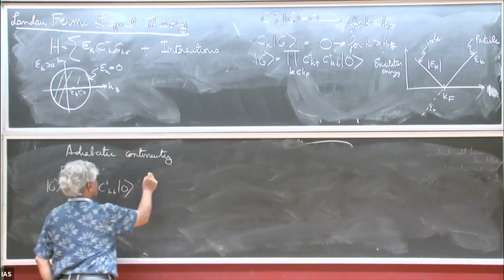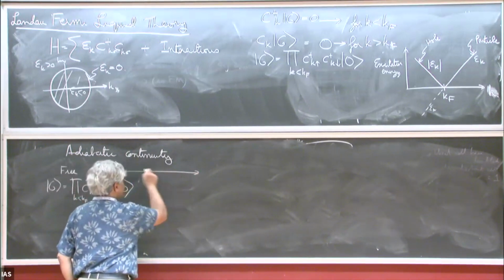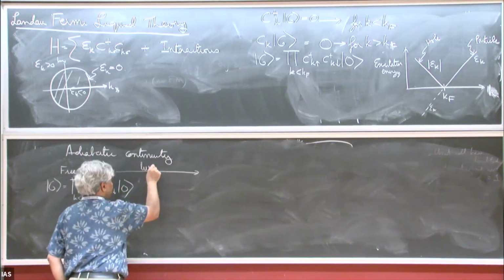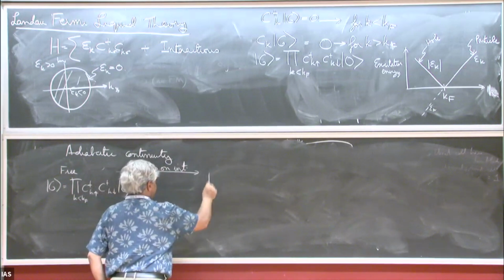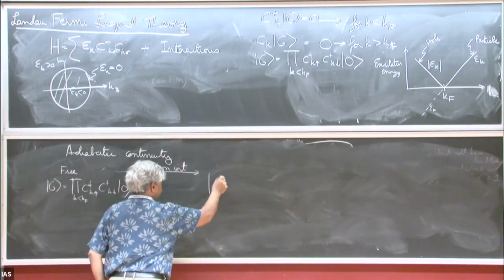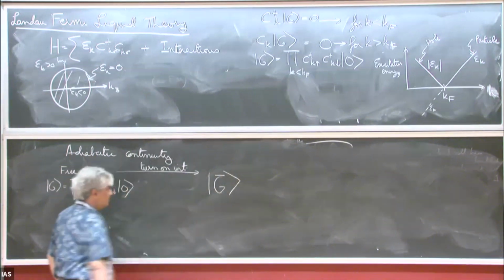And you turn on interactions, slowly turn on interactions, and that goes into some interacting ground state that we call G bar.